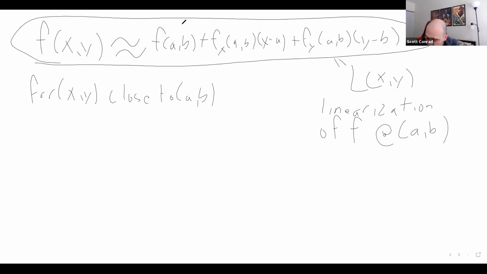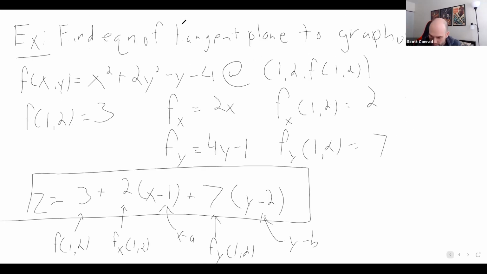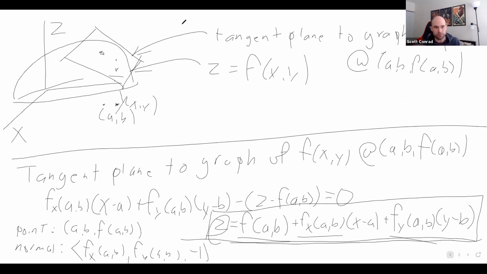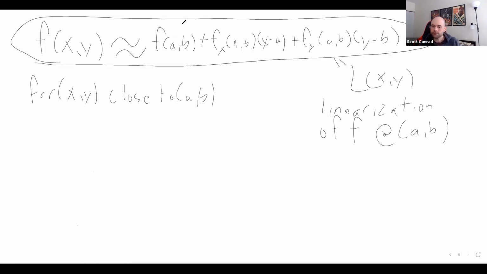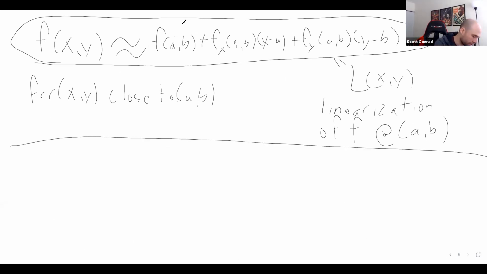This comes directly from the equation of the tangent plane, z equals f of AB plus f sub x, et cetera. And this is how we're going to approximate the value of a function. Pretend you don't have access to a calculator. This is how you would do it.